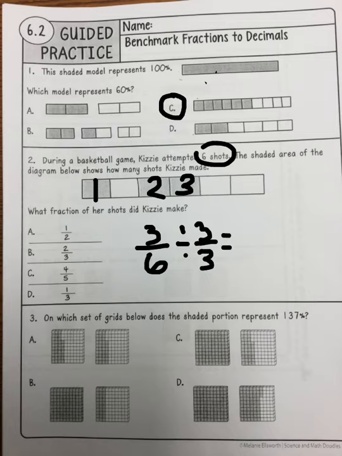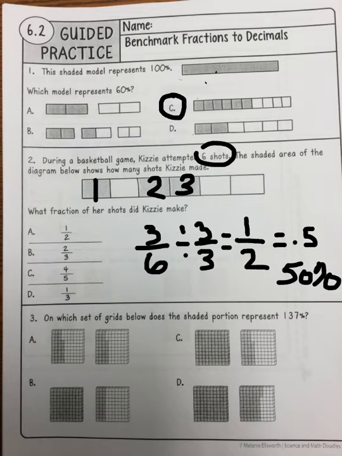What is 3 divided by 3? Well, that's 1. And 6 divided by 3 is 2, so that's 1/2. You can also change that into a decimal form like this. You can get 50% with that, so that would be fraction to decimal.